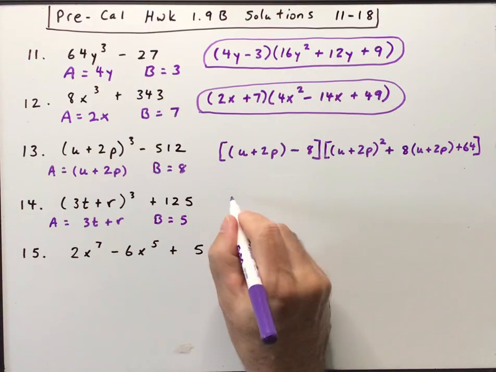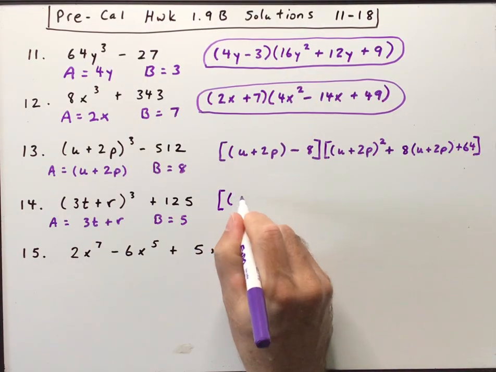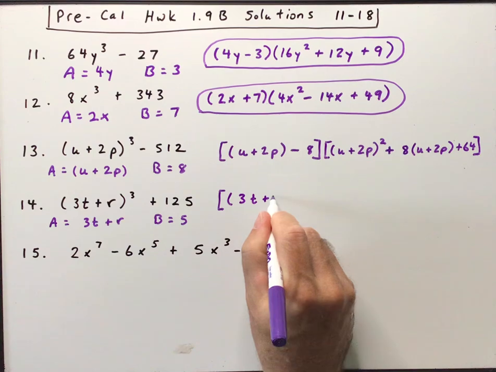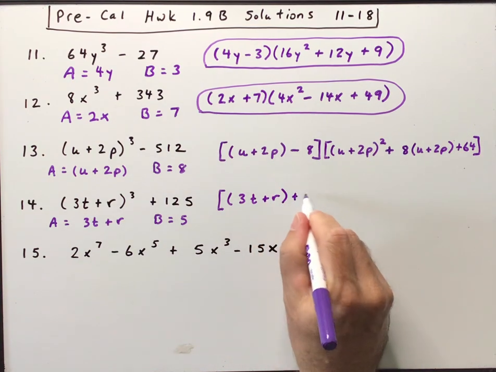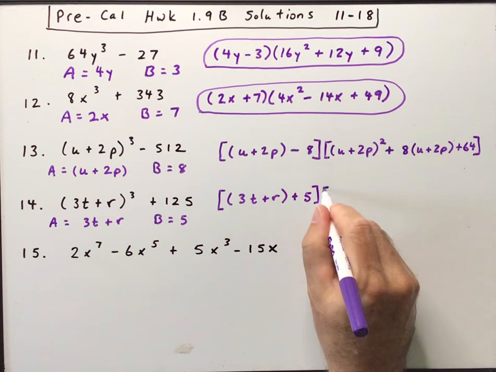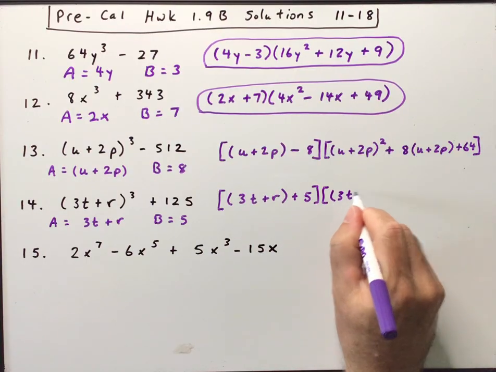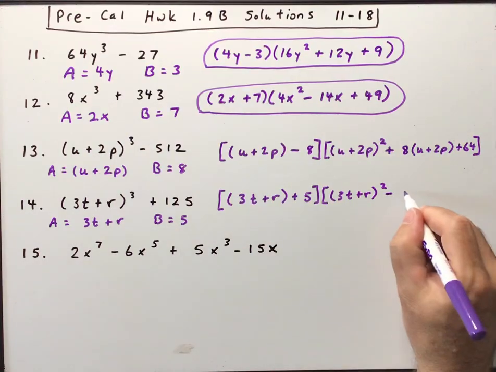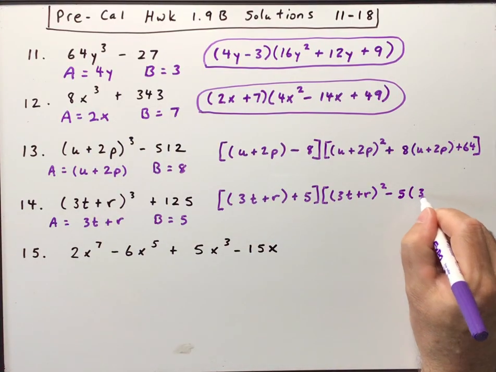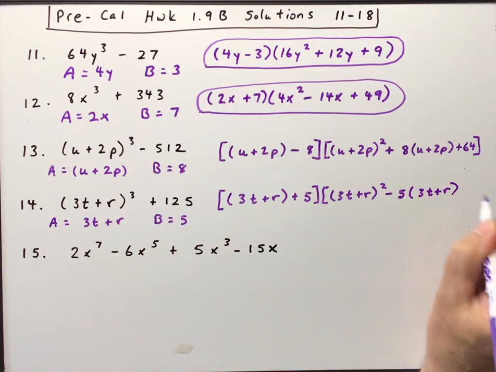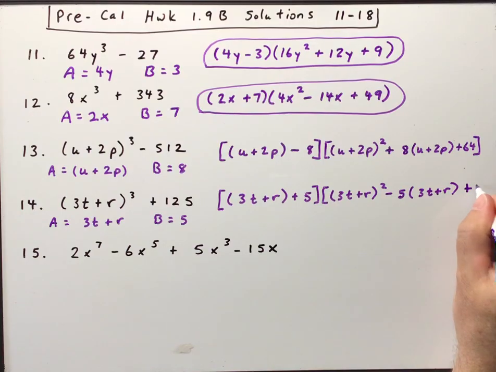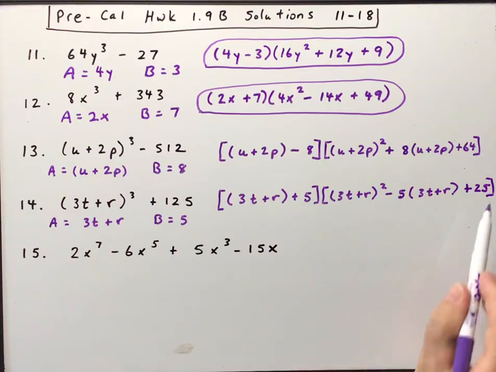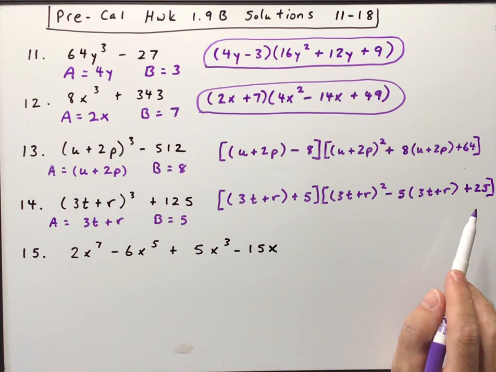So it's a plus, so we would have 3t plus r plus 5, and then times quantity 3t plus r all squared, minus 5ab, so 5 times 3t plus r, and then we would have plus 25. All right, so 5 squared is 25.